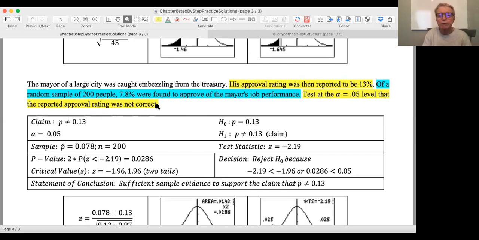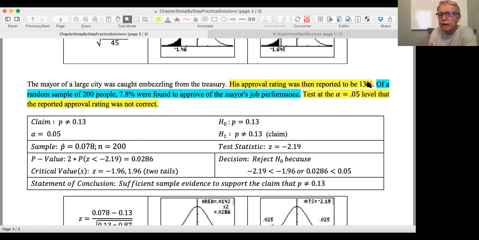Okay, we have to put our thinking caps on here. What is the reported approval rating? Well, that's why we have to go back up and look at the beginning part of the problem. The approval rating was reported to be 13%. So here is a percent.